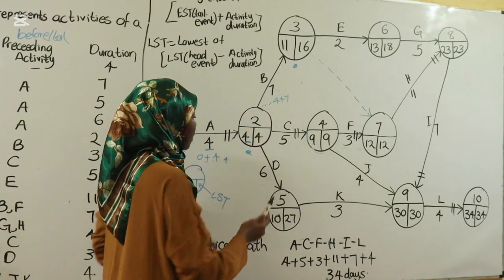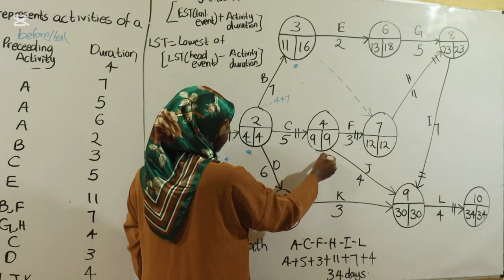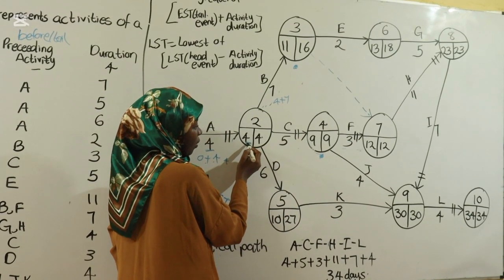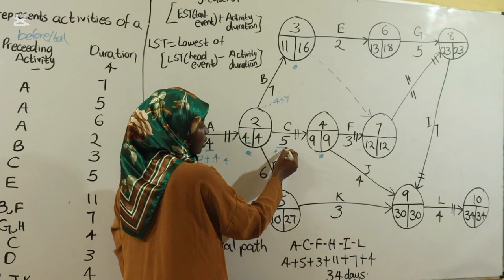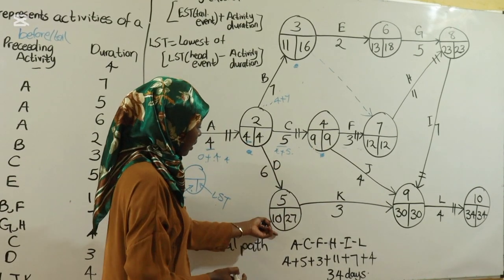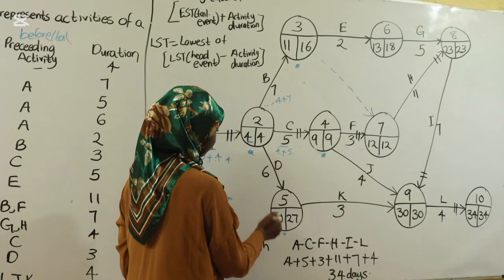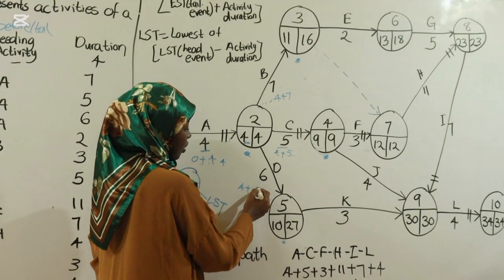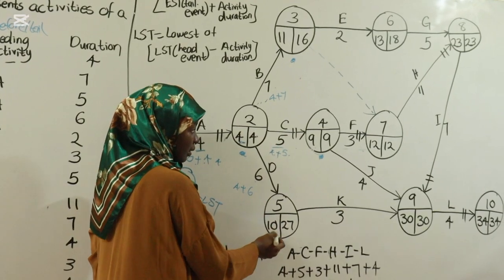When you're standing here, the EST of the tail event is 4 plus the activity duration of 5, which gives 9. For this one, the EST of the tail event is 4 plus the activity duration of 6, which is 10.